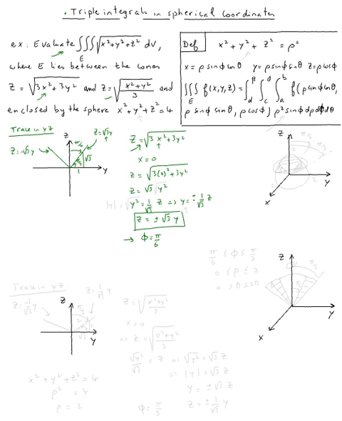Now let's do the same thing with the cone z equals square root of x squared plus y squared over 3. Again, we're looking for the trace in the zy plane, or yz plane. So how do we do that? We let x equal 0, same way, plug it in.